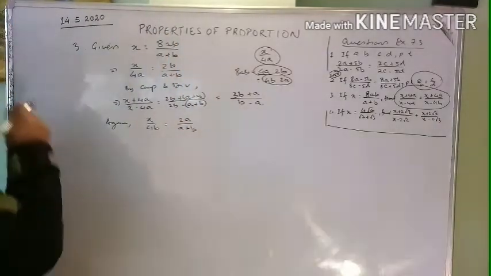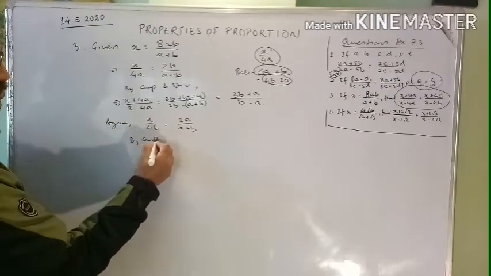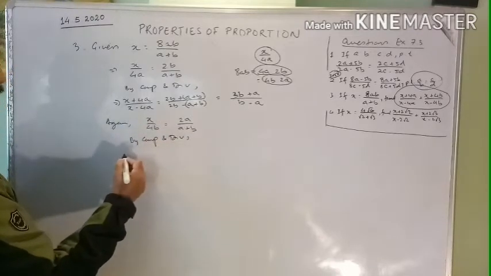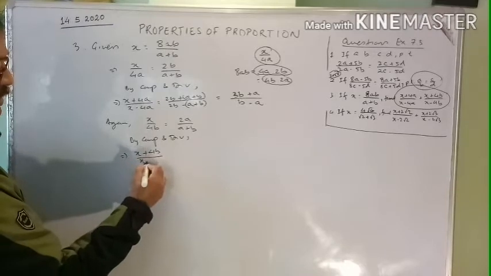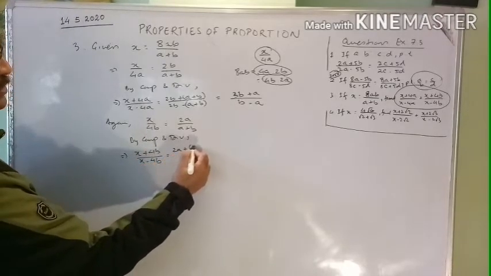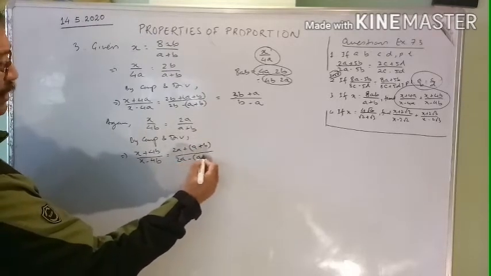So now use the property by componendo and dividendo. So what do we get? x plus 4b by x minus 4b is equal to 2a plus a plus b over 2a minus a plus b.